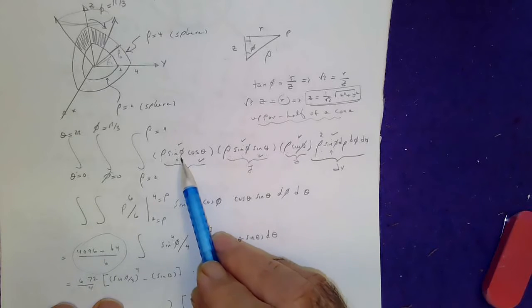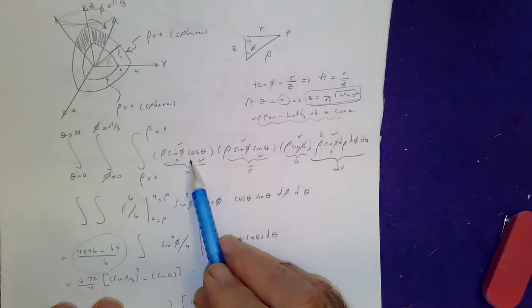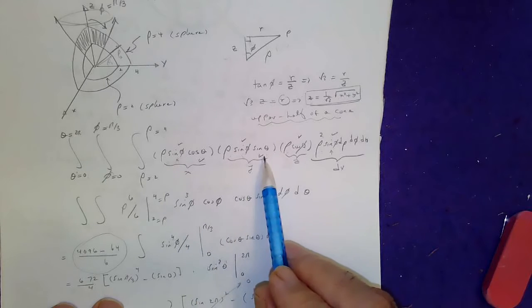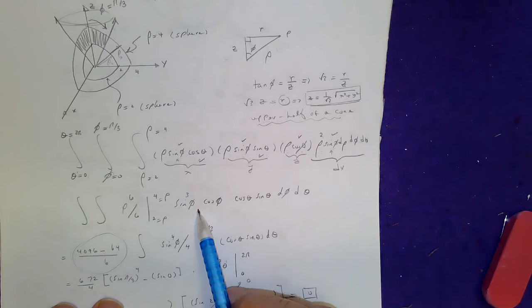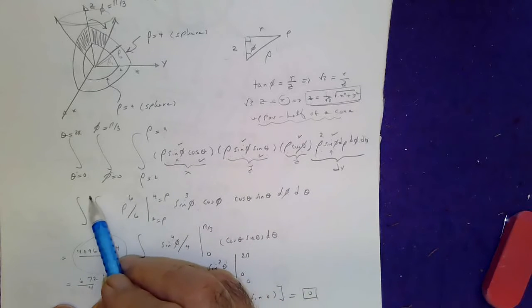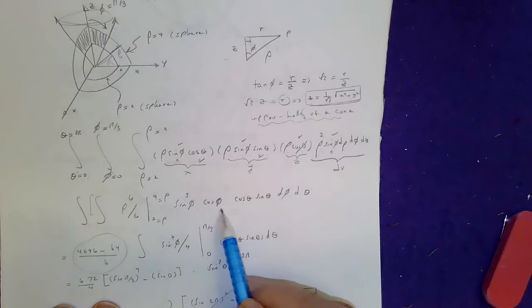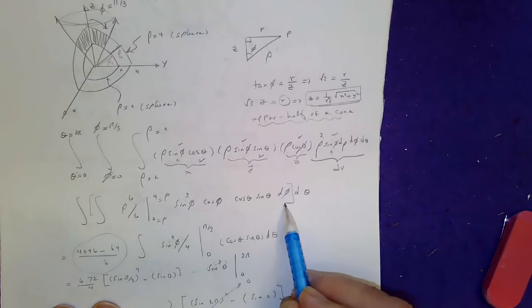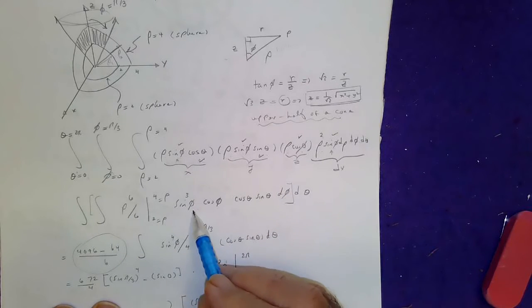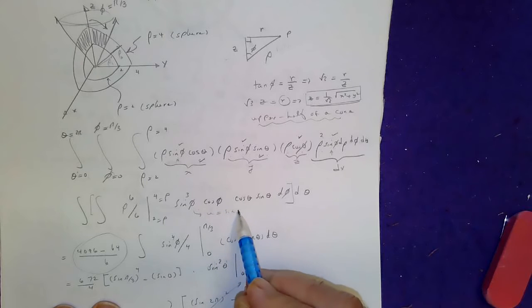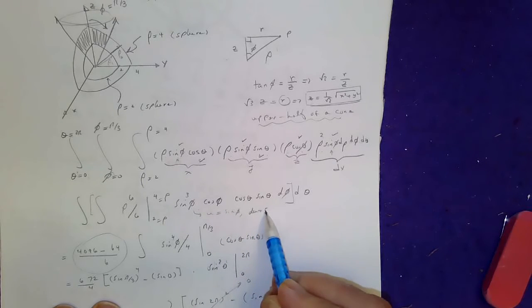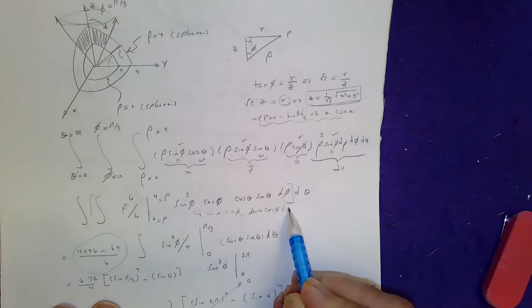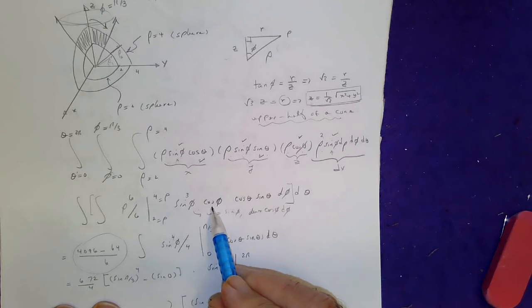Next, I have 3 sine phis and 1 cosine phi, so I integrate this quantity with respect to phi. Here I said let u be sine phi, du is cosine phi d phi, which I have right next to it.